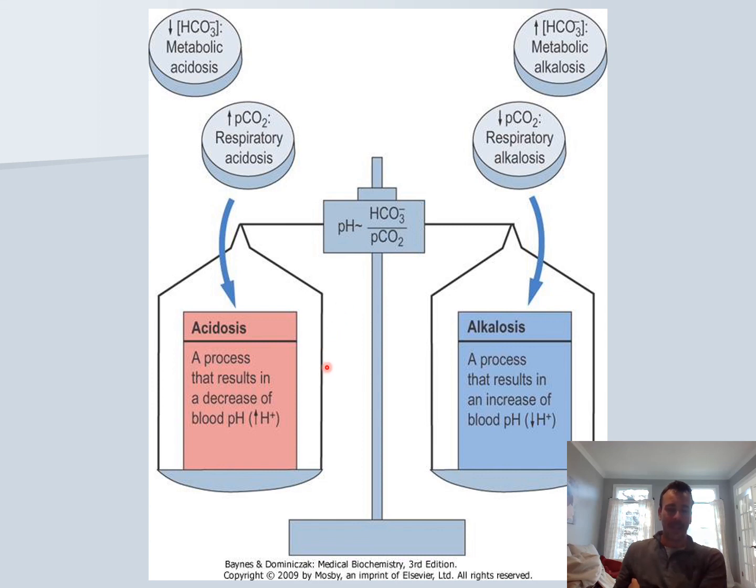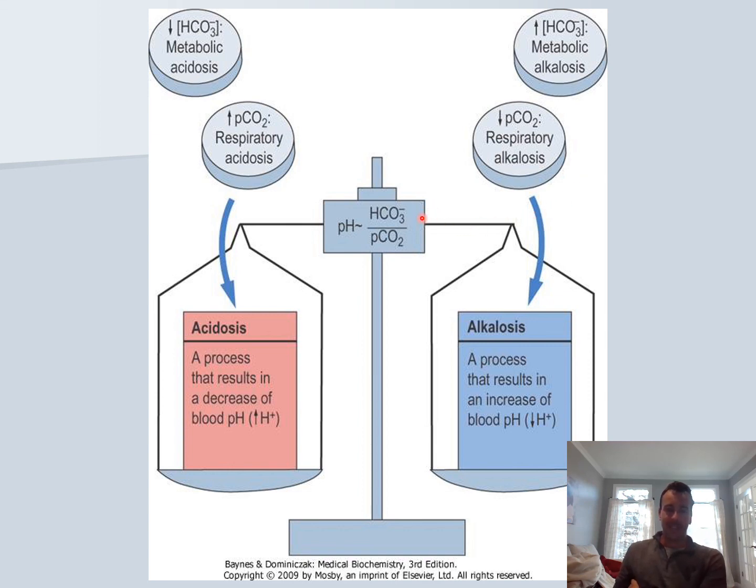But in both cases, you have a process that results in a decrease of the blood pH, because you have a higher concentration of the hydrogen ion. The opposite is true for the alkalosis. So in this case, metabolic alkalosis is when you have high bicarbonate concentrations in the kidneys, or low CO2 concentrations in the case of respiratory alkalosis.